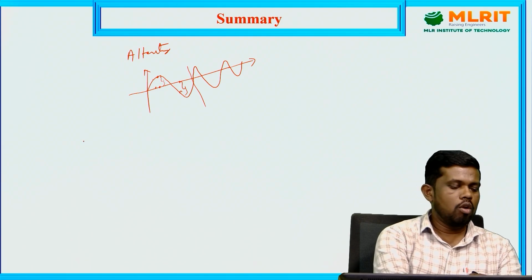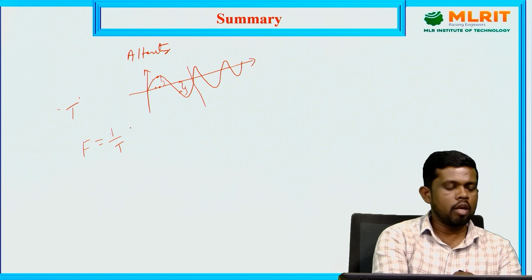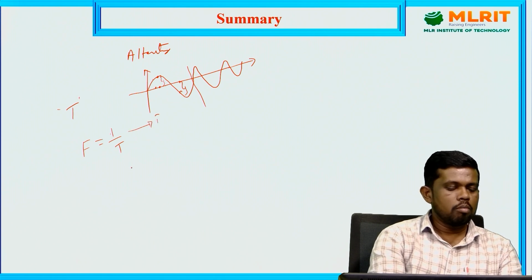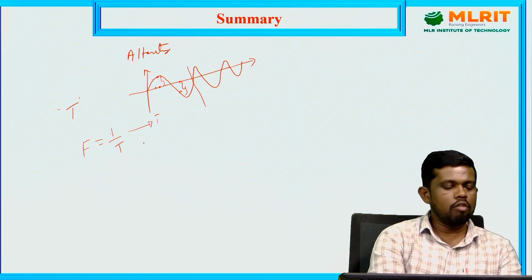If you do the reciprocal, 1 by T, we get the time period, which we represent with capital T. If you do the reciprocal of the time period, that gives the information about the frequency. Frequency means how many cycles come in a particular second, simply cycles per second.